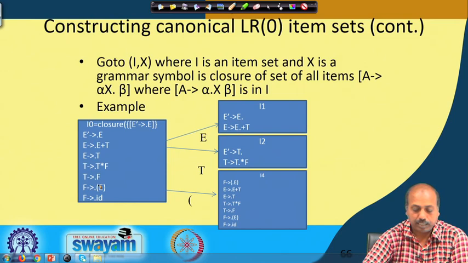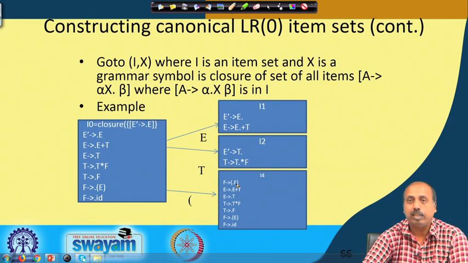Then for any other symbol, like the open parenthesis, F producing .(E). On open parenthesis, it will come to a configuration where F producing open parenthesis . E close parenthesis. This is the item, and since now you have got a dot before this E, you have to again scan the grammar rules to see what may be the situations.